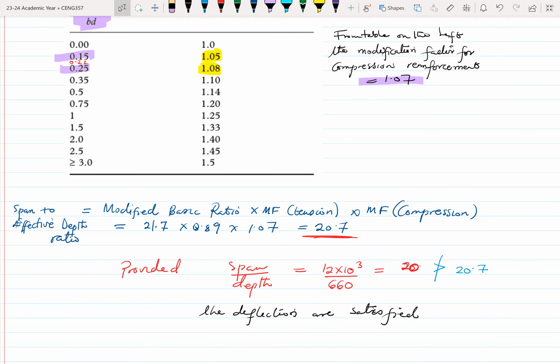So here, your ratio of span to effective depth will be the modified basic ratio times the modification factor from tension and then the modification factor from the compression. So in all, you get 20.7.